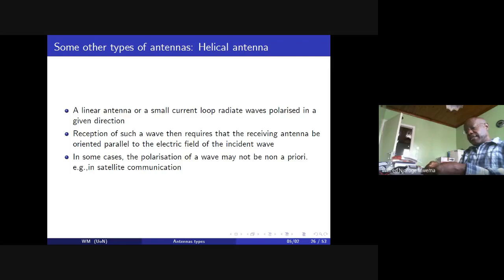And because the Earth has a magnetic field surrounding it, a wave being sent down to Earth from the satellite will interact with this magnetic field, and the electric field polarization of the wave will be rotated.